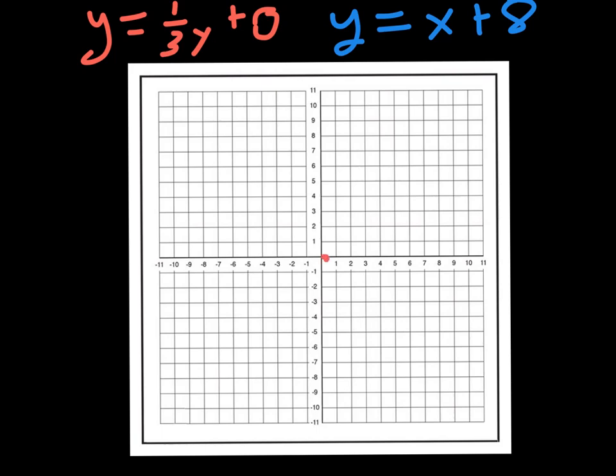So up 1 over 3, up 1 over 3, and you could go down 1 to the left 3, down 1 to the left 3, down 1 to the left 3.